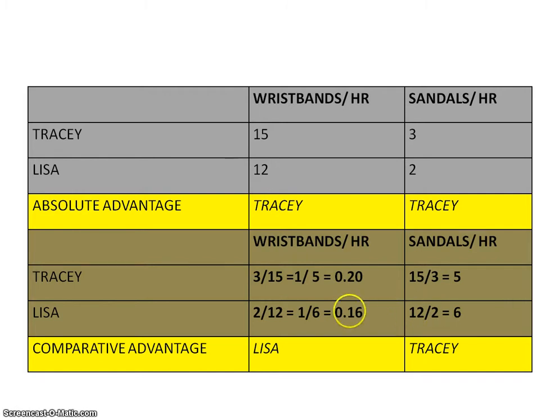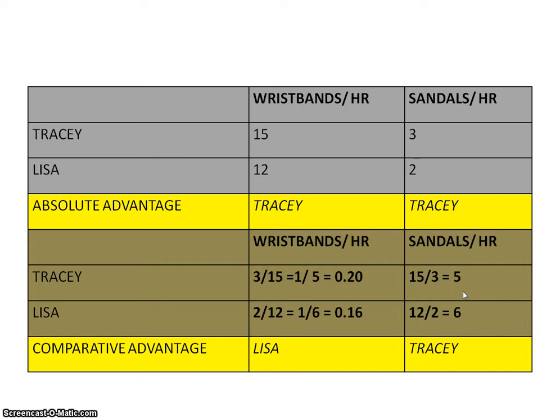We therefore see that Tracey gives up the least amount compared to Lisa. So we're looking at comparative advantage. Oh sorry, I made a mistake here. Tracey gives up the least amount of wristbands when she chooses to produce sandals.